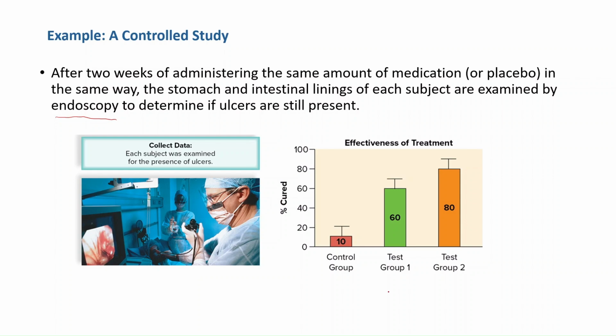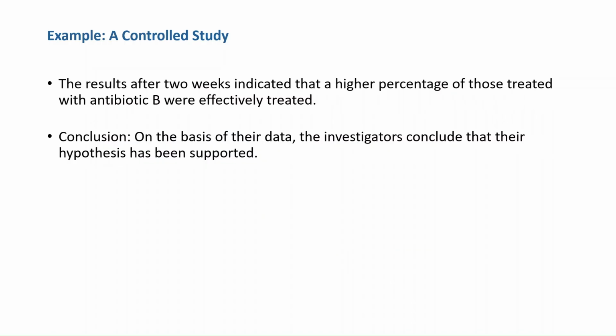Group 1 that took antibiotic A, 60% improved. Group 2, 80% improved. So obviously antibiotic B works better than A. And you can advertise saying in control studies, antibiotic B has proven to be more effective than antibiotic A. So with a high percentage treated, the hypothesis has been supported.